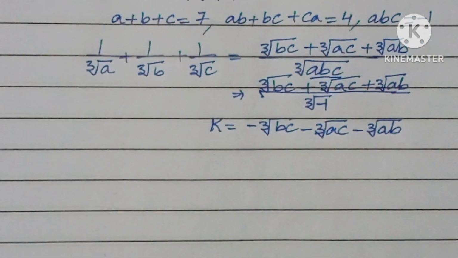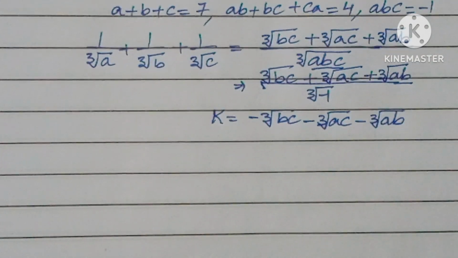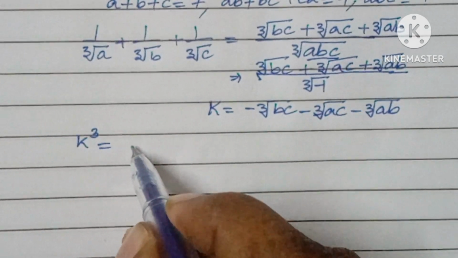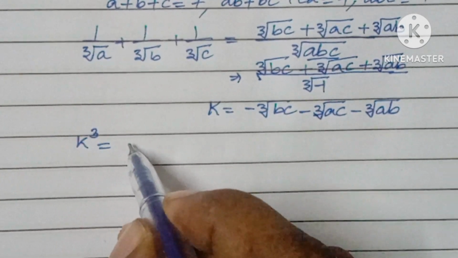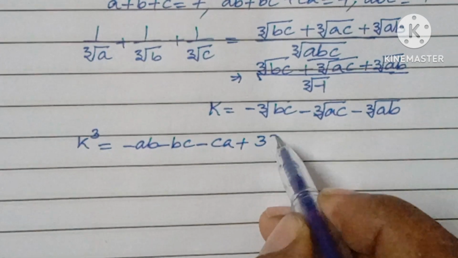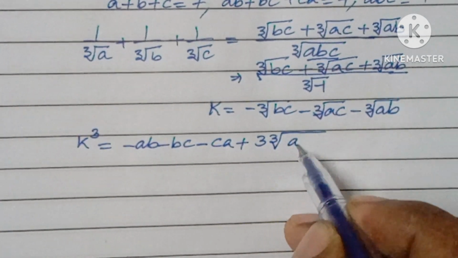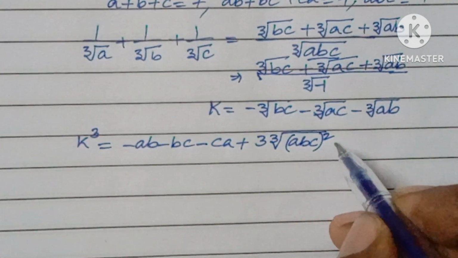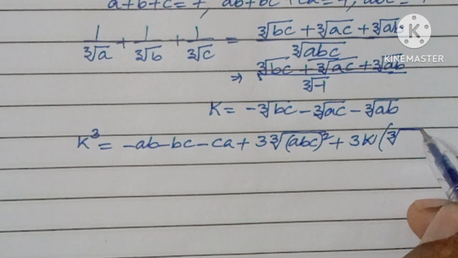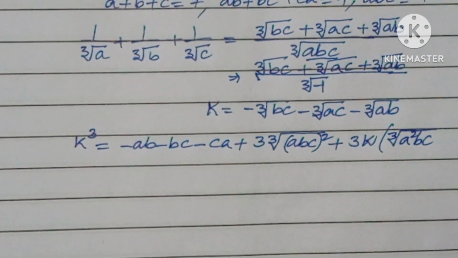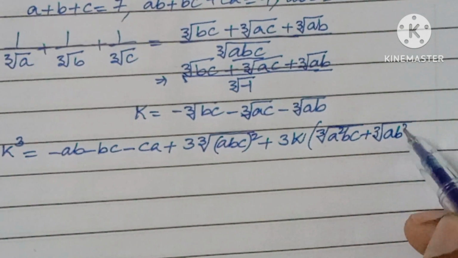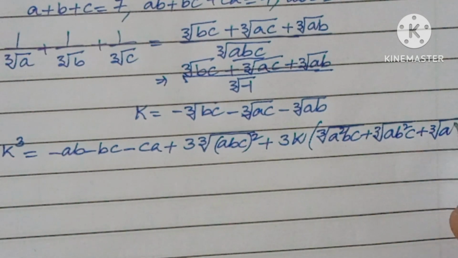So here you have to find the value of K. Now cubing on both sides, K cube is equal to minus AB minus BC minus CA minus 3 cube root of ABC whole square plus 3K into cube root of A square BC plus cube root of AB square C plus cube root of ABC square.